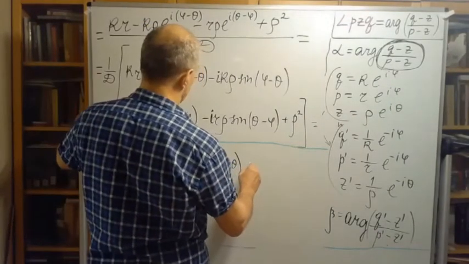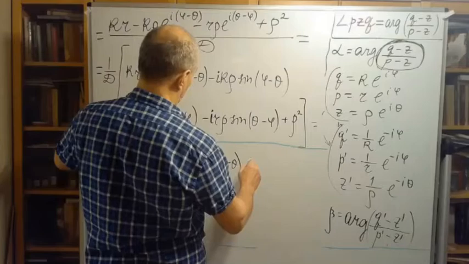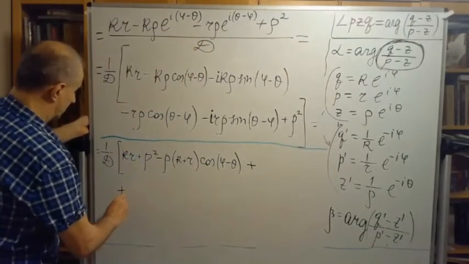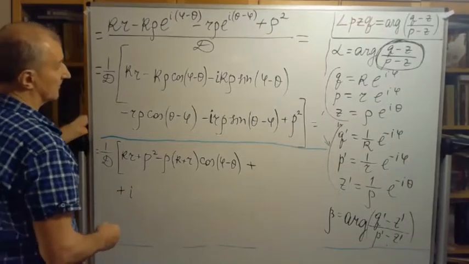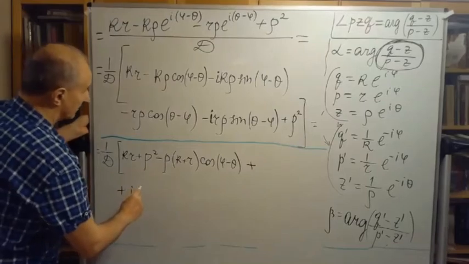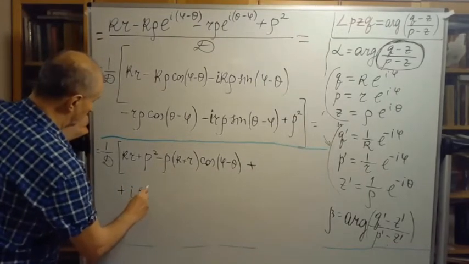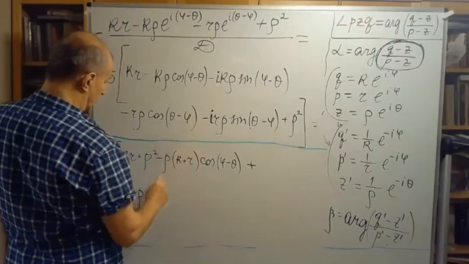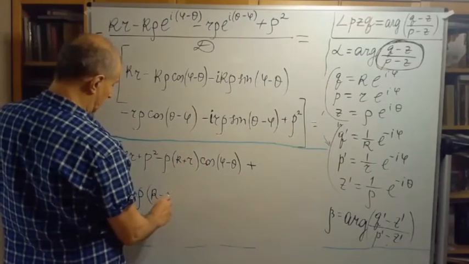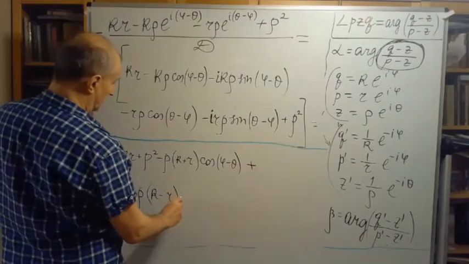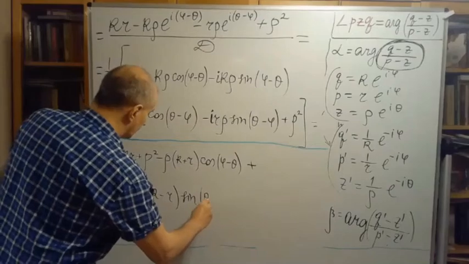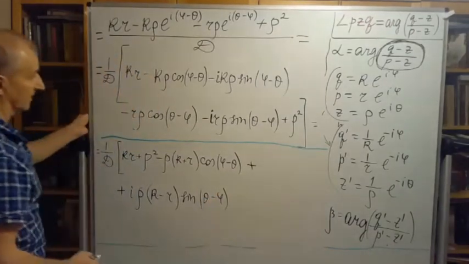So I will write here plus I, and here I will change to sine theta minus phi, so I will factor out rho, and this term goes with plus r minus r, and it will be sine of theta minus phi.